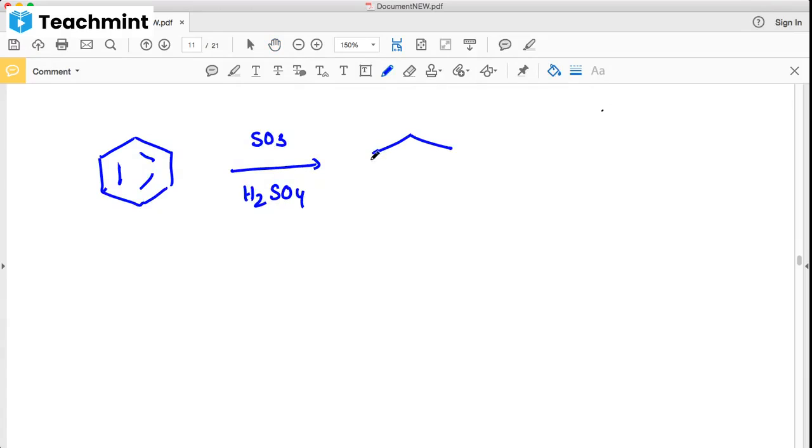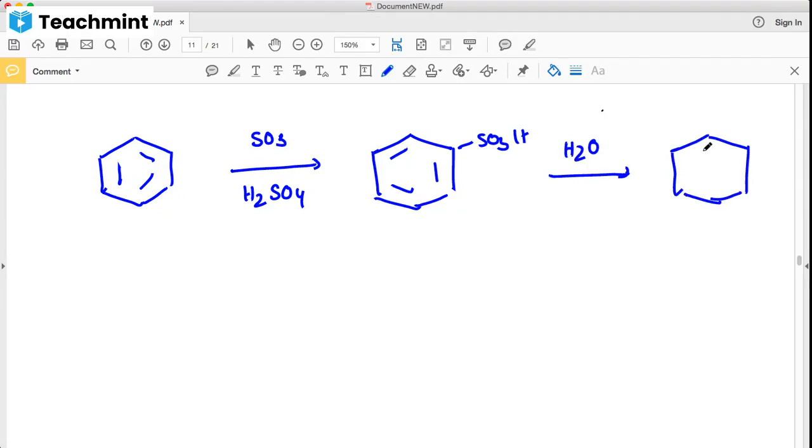You will get benzene sulfonic acid. Then you react it with water: hydrolysis of this benzene sulfonic acid in presence of sulfuric acid will give you phenol.